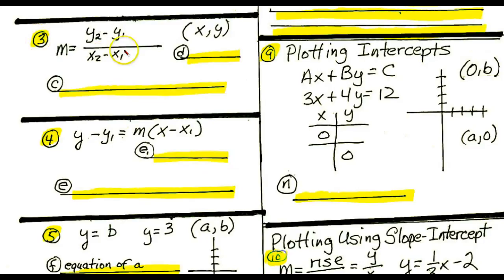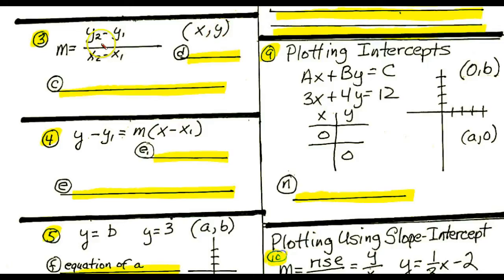Now as we look at this particular formula, we see we have some x and y's in there. To start us off, what's the name of this when we have a parenthesis x comma y? What's the name of that? Right here.